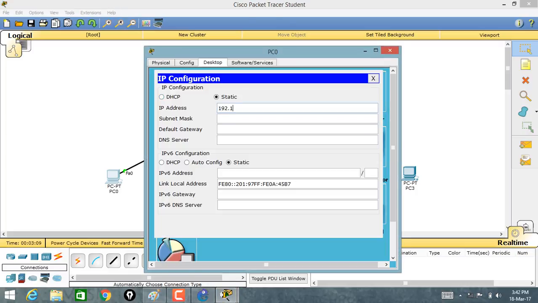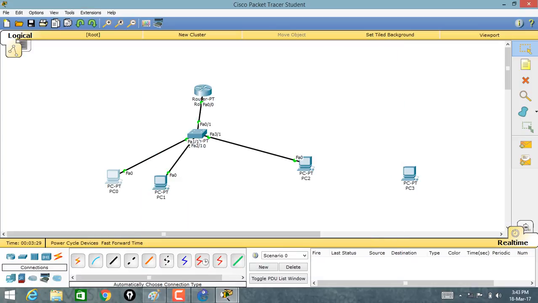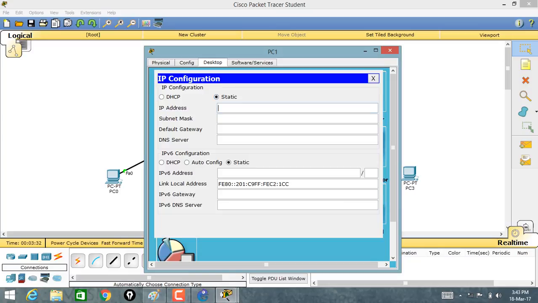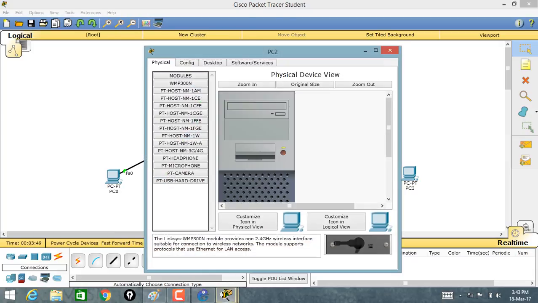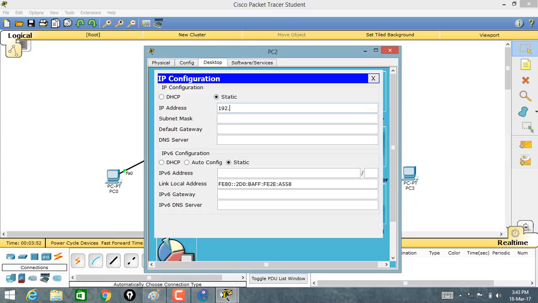We'll configure this 192.168.1.2, and here we'll change the mask to 248, and the gateway will be 192.168.1.1. Next PC: 192.168.1.3 and 248, with gateway 192.168.1.1, and this one will be taking 192.168.1.9.